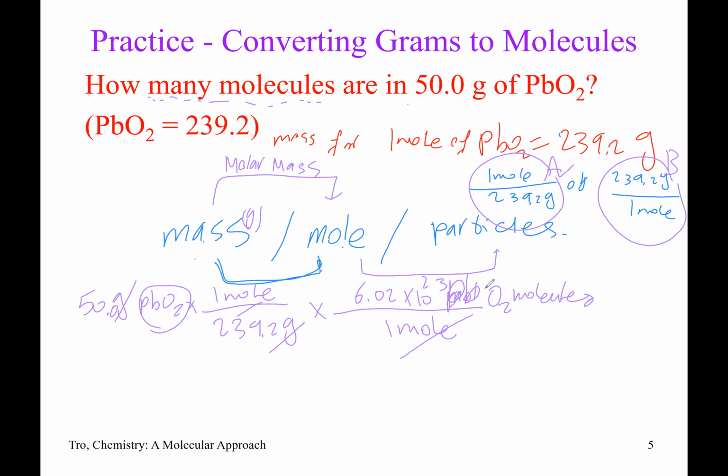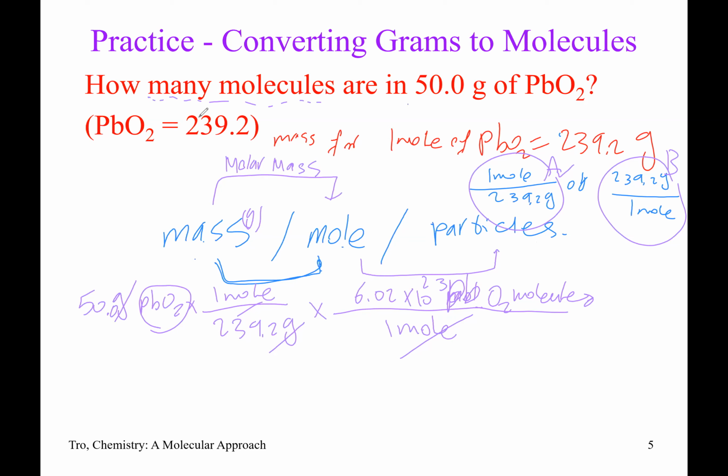So you have to be careful with this unit, because if the question was asking how many atoms of oxygen you have, then you can't stop here. You have to convert to atoms of oxygen, or you have to specifically convert to atoms of the Pb.